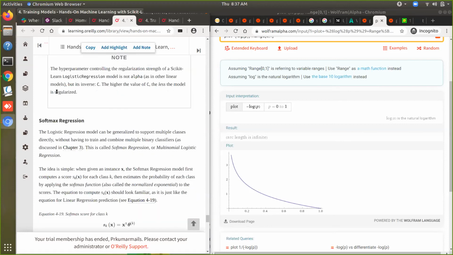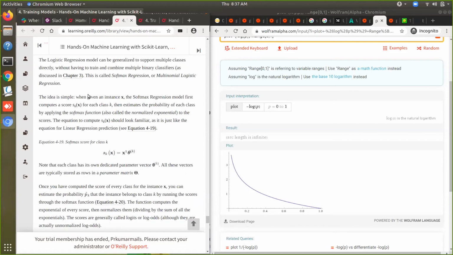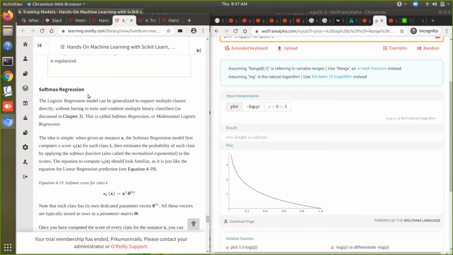Then the next one is Softmax regression. In the previous chapters, we might have seen that multi-class classification is taken as a one versus all or one versus one approach. For example, if we have 3 classes, we do class 1 versus class 2, class 1 versus class 3, then class 2 versus class 3, like that.